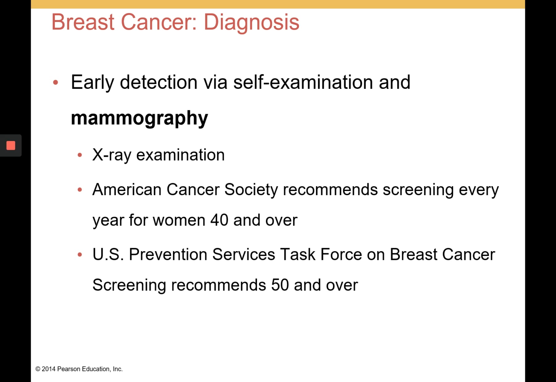So diagnosis of breast cancer is usually done via mammography, but it's best if there's early detection of breast cancer. This can be either via self-examination and then mammography, or getting regular mammographies.